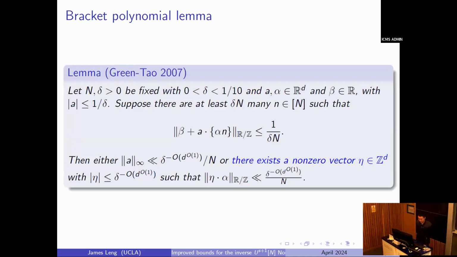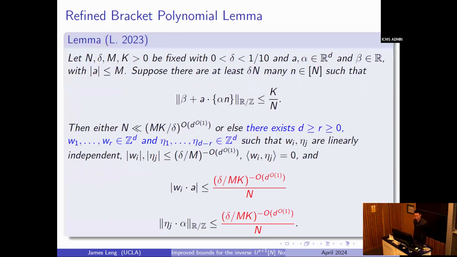Such that eta dot alpha is really close to... So what I showed is kind of a refinement of this. What I showed is that that's not the only thing that could happen.